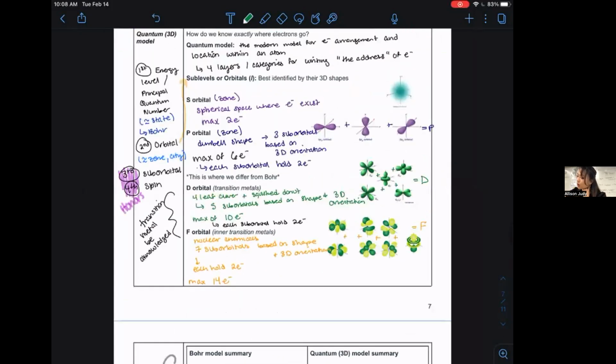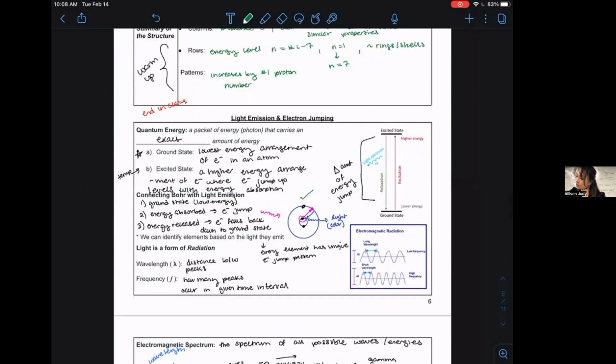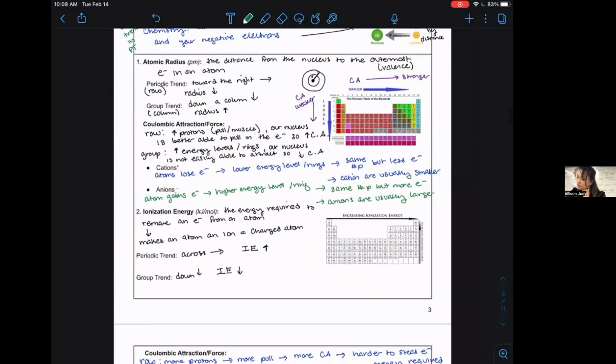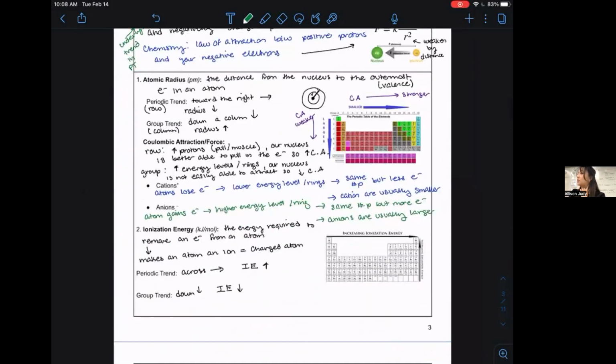For your test tomorrow, this is what you need to know. You need to understand periodic table trends and Coulombic attraction. The more Coulombic attraction you have, the more likely you're able to interact with another atom. More Coulombic attraction, more likely that you can steal another atom's electrons.